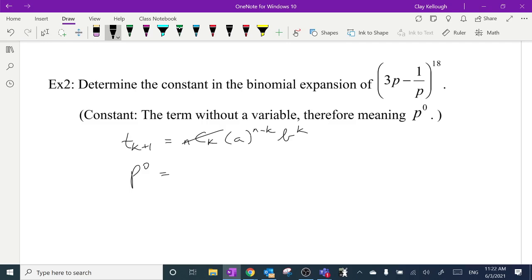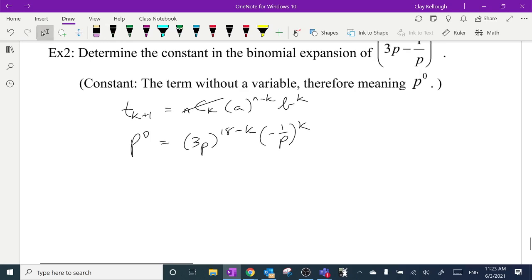I only care about which term is the constant. So, which term is this? A here is 3p. N is 18. K is what I'm looking for. I don't know which term it is. B is negative 1 over p. And again, k is what I'm looking for.